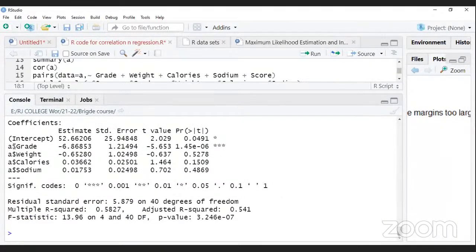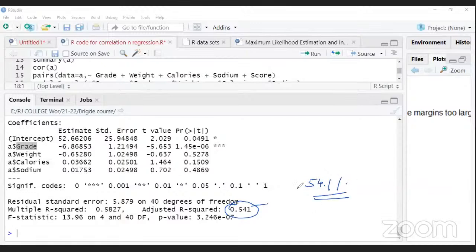So if you look at this grid, first of all, the first value I'm going to check is the R square value. This is called R square value. But I'm going to use adjusted R square value here because I have more than one variable. I'm going to use adjusted R square value, which is 54%.